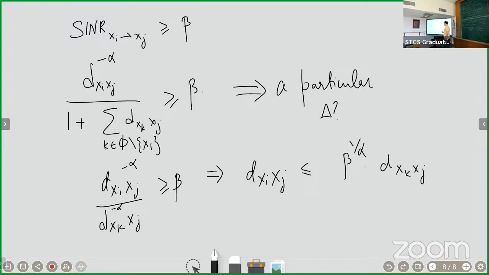So the new delta is nothing but beta to the power 1 by alpha. So this is nothing very different compared to the protocol model. Whatever result I get from the protocol model is just with a different delta, which only depends on beta. It doesn't depend on the network in any way, neither the geometry nor the number of nodes.